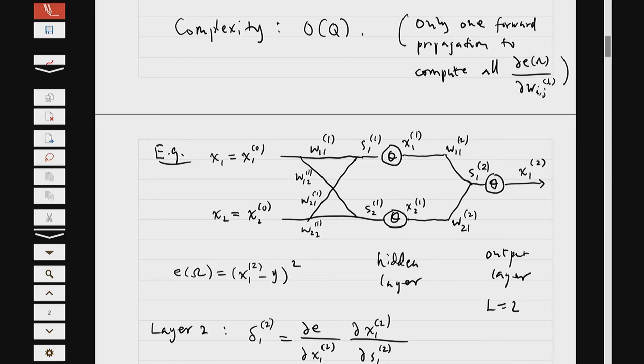This is going to be a composite function of many things in the middle, in particular one that involves S1 of 1 and S2 of 1, because this x1 impacts E of omega through those 2 variables. So there are 2 paths for the information contained in x1 to get to E of omega, going through S1 and S2.